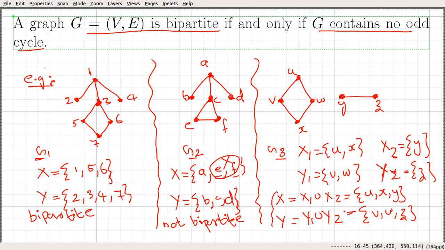If you consider this vertex partition, you can see that there is no edge between vertices in x or in y. There are only edges between vertices in x and y. So even though this graph is a disconnected graph, it is a bipartite graph. It seems like this statement is true for this example. Let's go and prove this statement.